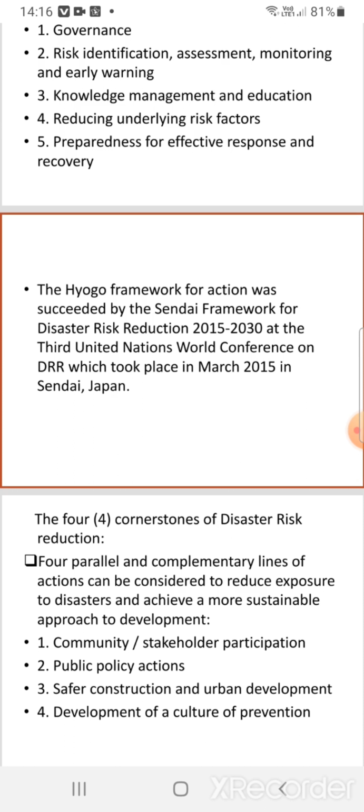The most important thing to note is that earlier the DRR framework was for 2005 to 2015, and at the end of it, in March 2015 in Sendai, Japan, the third UN World Conference was held, and the Hyogo framework was succeeded by the Sendai framework for disaster risk reduction.